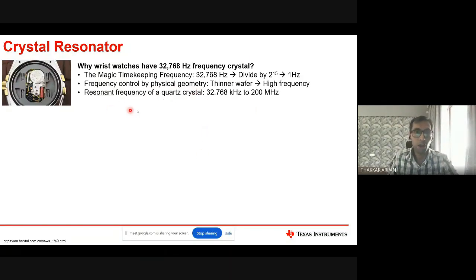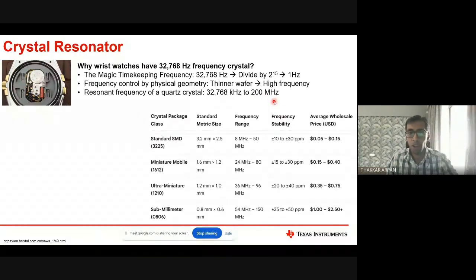The resonant frequency of a quartz oscillator ranges from 32.768 kilohertz to 200 megahertz. This is usually the maximum range quartz can give, and 200 megahertz is what you can usually see in data sheets and commercially available crystals. They can make the crystal that thin, and it can generate 200 megahertz.